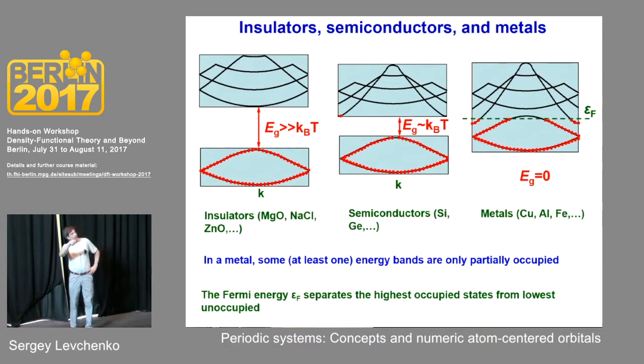And finally, in the 3rd class of materials, we have metals such as copper, aluminum, iron, in which the occupied and unoccupied bands are not separated. So we have partially occupied bands, here and here, already at 0 temperature. This energy that separates occupied from unoccupied states is called Fermi energy.